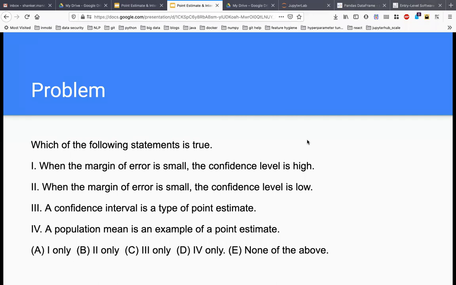D. Okay. So no right answers then. All these are wrong answers, guys.